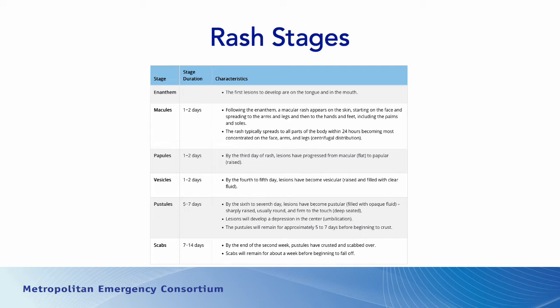So each of these three phases, macular, papular, vesicular, is about 1 to 2 days each. So again, there's the progression. And then they turn into pustules, and they're pus-filled blisters, and those pustules can last for 5 to 7 days. And eventually, toward the end of the second week, they start to crust and scab over, and those scabs will stay for about another week, and then they begin to fall off.